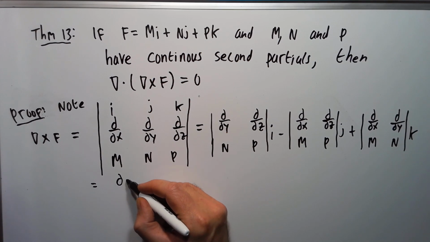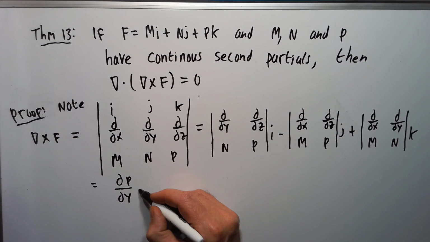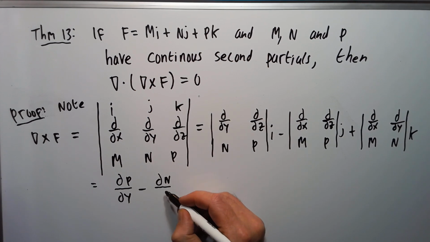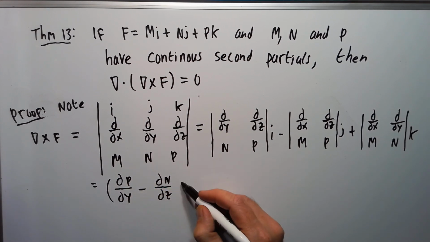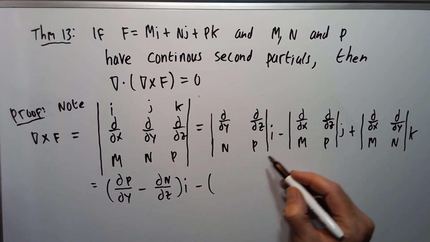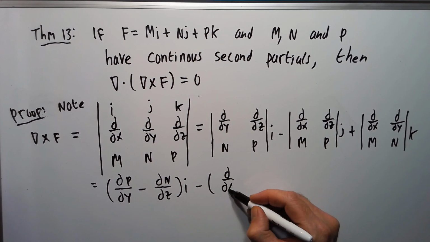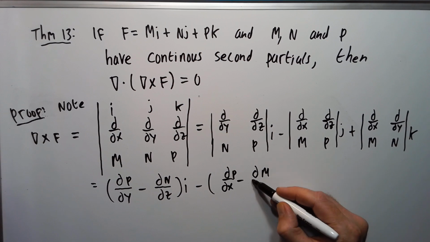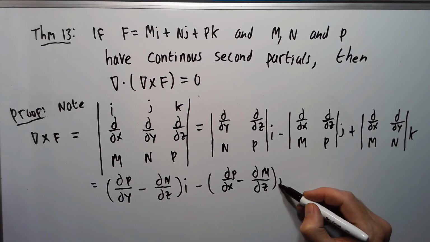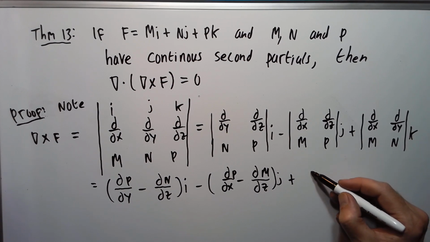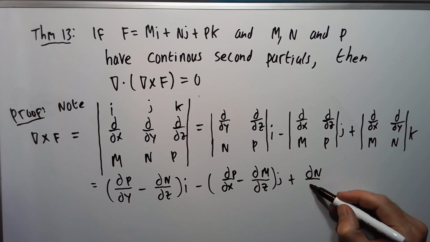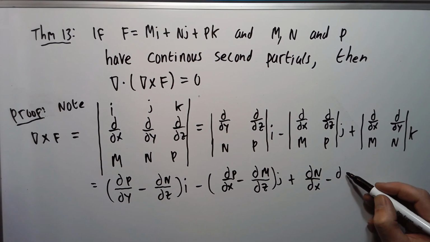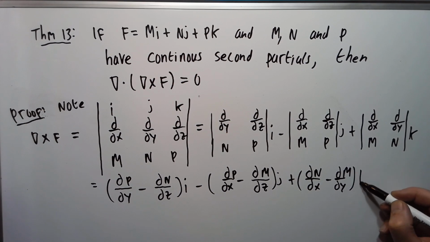So it'll be partial P with respect to y minus partial N with respect to z, i, then minus partial x operator acting on P minus partial z operator acting on M, j, and then this times that, so it'll be partial x operator acting on N minus partial y operator acting on M. This would be in the k direction. Now we're going to take the divergence of this and show it's 0.